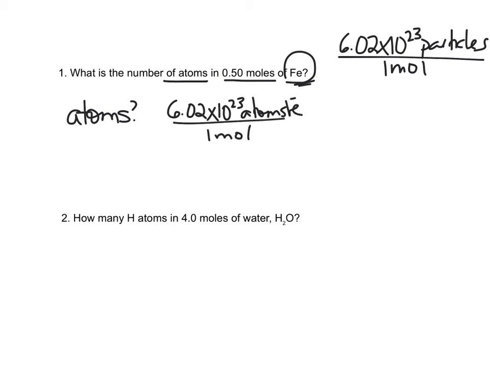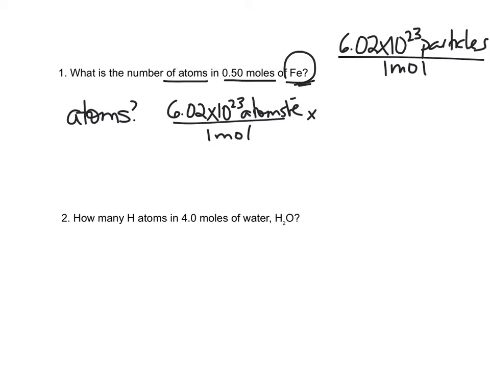So that's Avogadro's number. The next piece of information, whether it's a number or another ratio, has to have moles in it, because we want just atoms of iron.